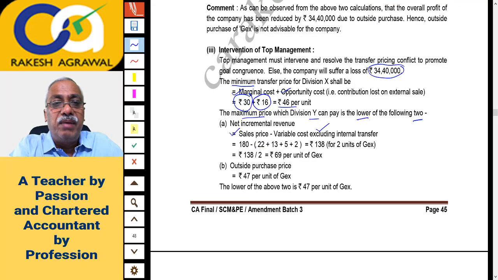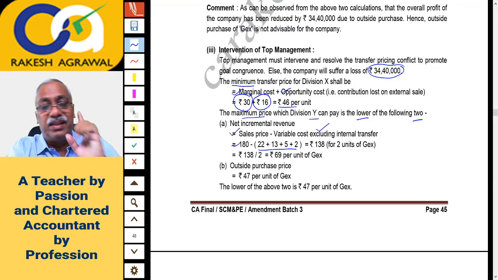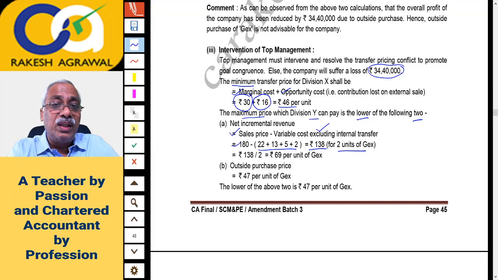So I am taking the remaining variable cost 180 minus the remaining variable cost excluding JEX. You get 138 rupees you can pay for JEX, but this is for 2 units of JEX. So 138 divided by 2, you can pay a maximum of 69.